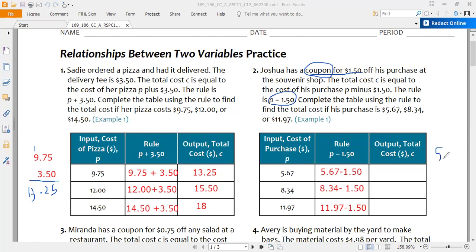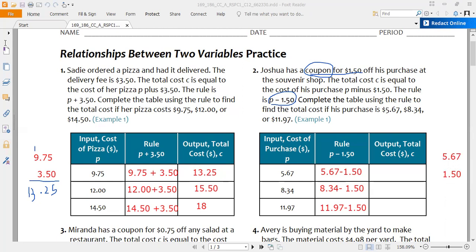So 5.67 and then minus 1.50. How will I do the minus? It's very simple.